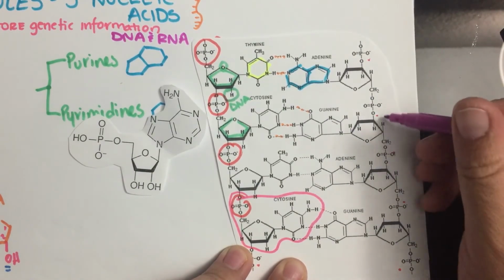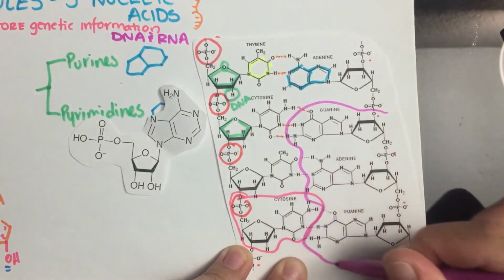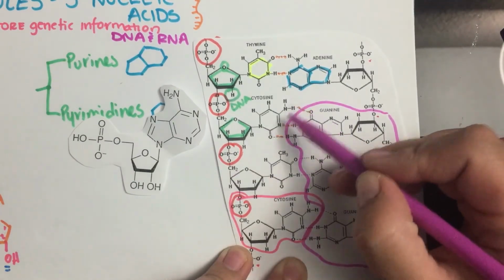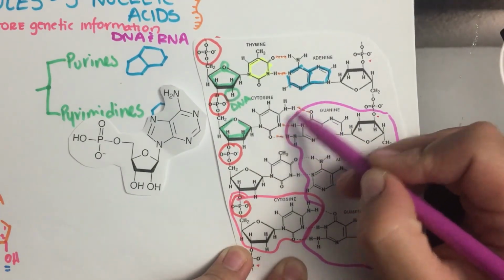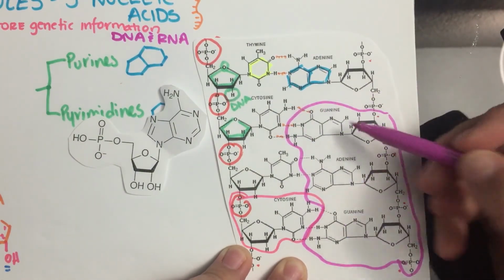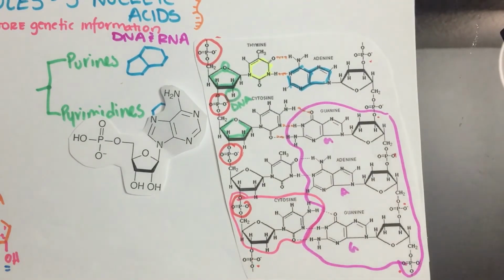So 1, 2, 3. You show that 3 of them, not all the way to the end here, but just through the center. Remember, these are intermolecular, so they are not really bonds. This is a codon, so this code would be, for example, GAG.